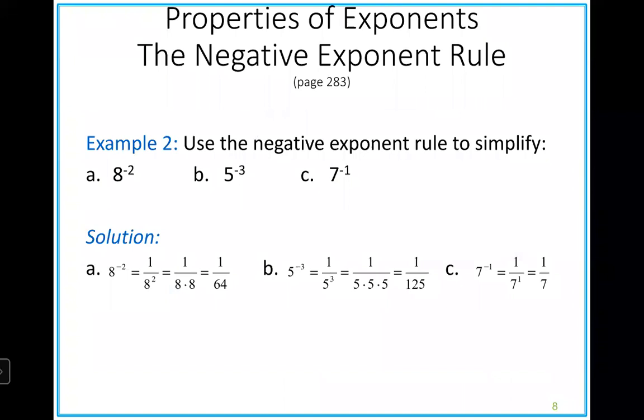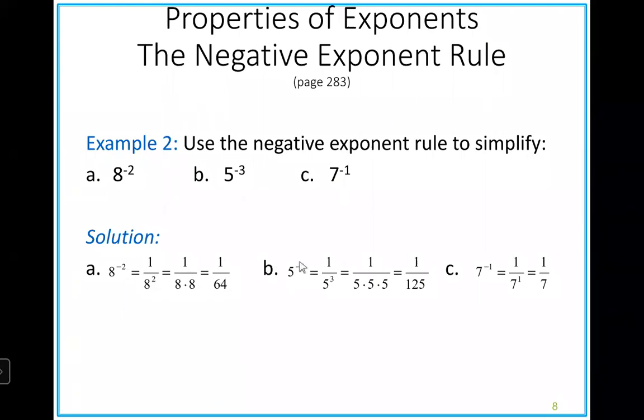So we have some examples here. It says use the negative exponent rule to simplify. The first one is 8 to the power negative 2. We could write it as 1 over 8 to the second power. 8 to the second power is 8 times 8, which is equal to 1 over 64.